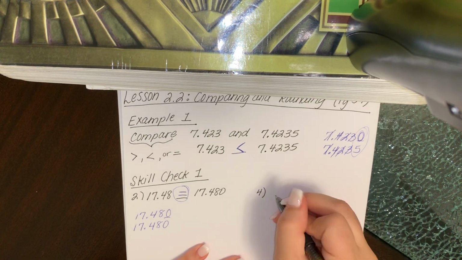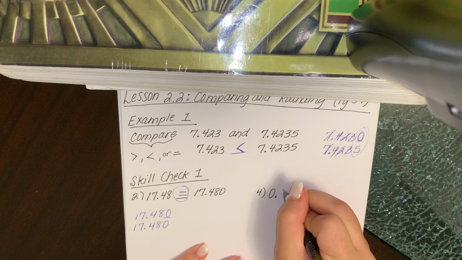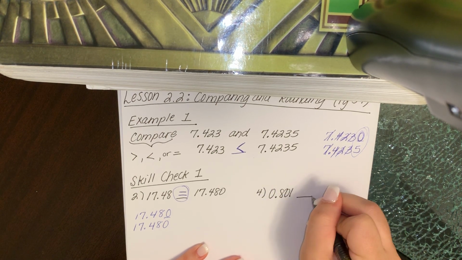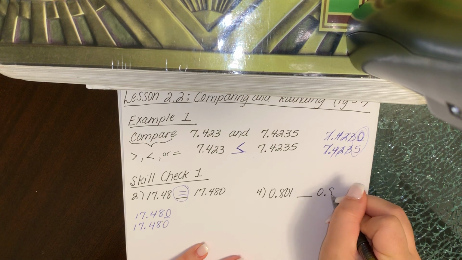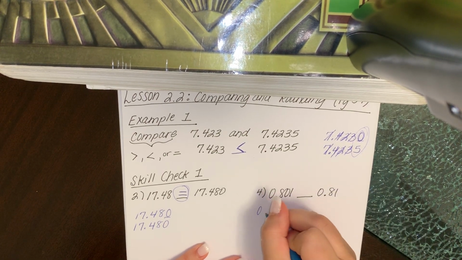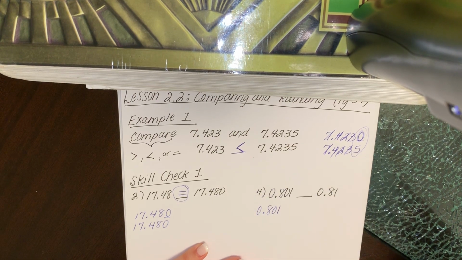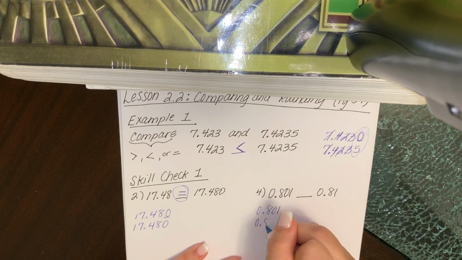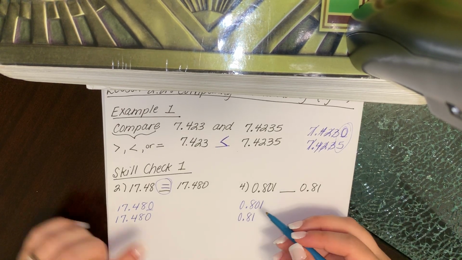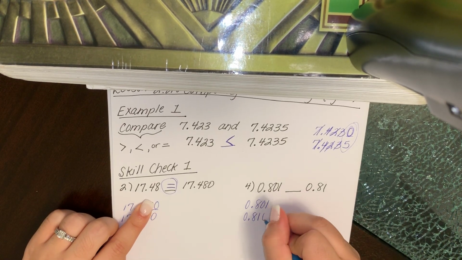Okay, so that's my answer for number 2 on skill check number 1. Now, number 4 looks like this: 0.801, and we have 0.81. Again, make sure you line them up, and do it off to the side if you have to. If you notice there's a blank slot, what can you put there? A 0.